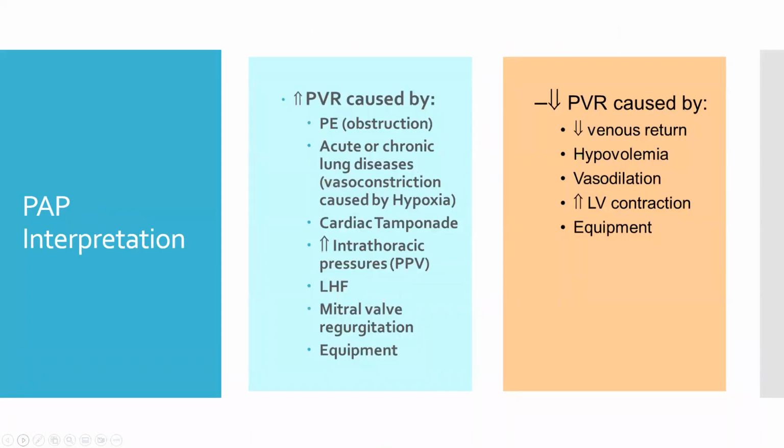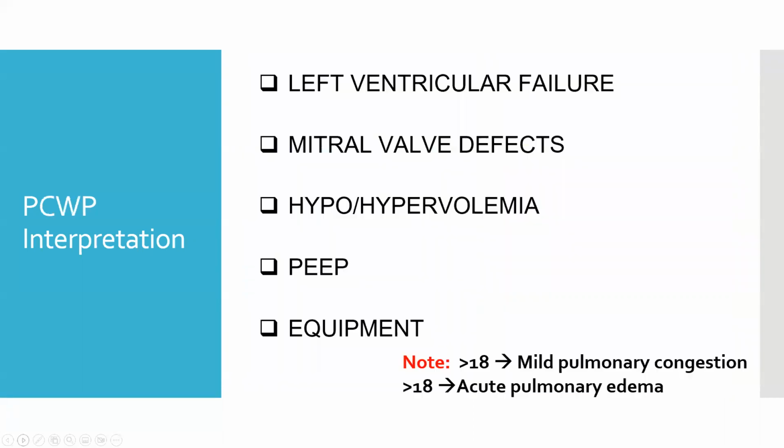Pulmonary artery pressure interpretation: increased pulmonary vascular resistance caused by PE, obstruction, acute or chronic lung diseases, cardiac tamponade, etc., versus decreased pulmonary vascular resistance caused by the elements that I have listed here. Pulmonary capillary wedge pressure interpretation: left ventricular failure, this will be elevated; mitral valve defects, regurgitation and/or stenosis; hypervolemia.